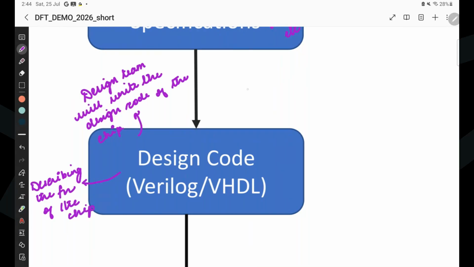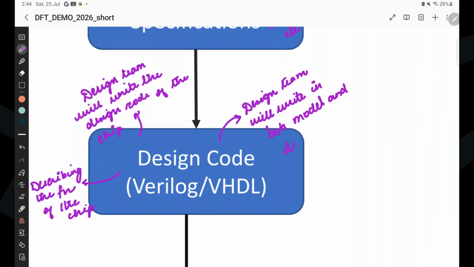Okay, so the design team will write in behavioral model and then in data flow level model. There are various styles of modeling in Verilog, and we have the behavioral and data flow level model.